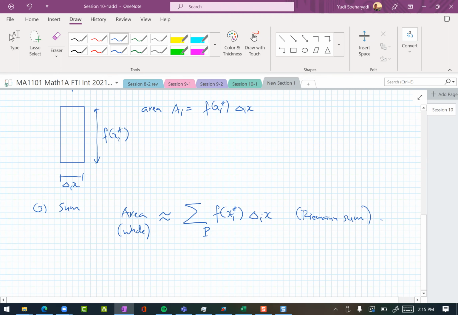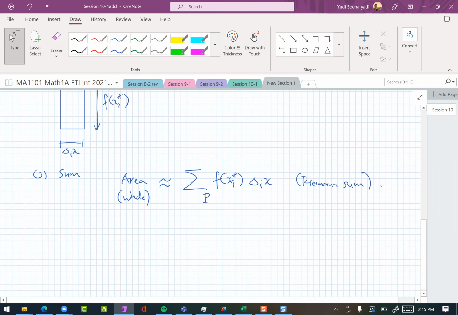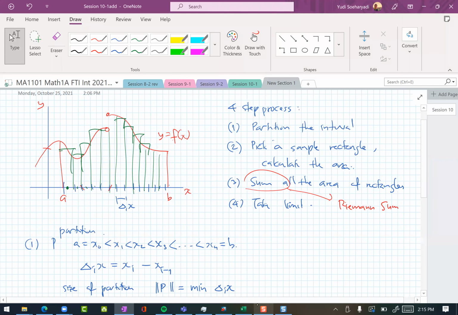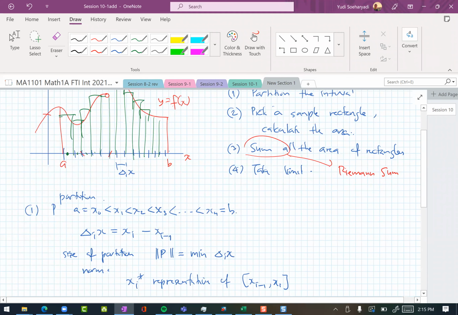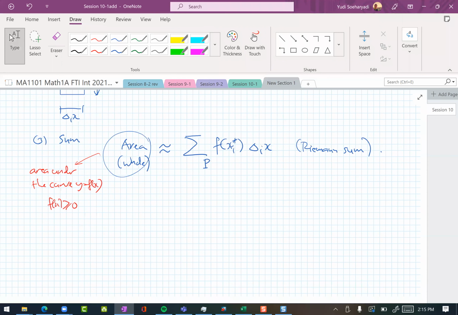This is the approximation of the area under the curve, if f of x is non-negative as in this one. I meant to draw something below the x-axis also, but somehow forgot to do that.